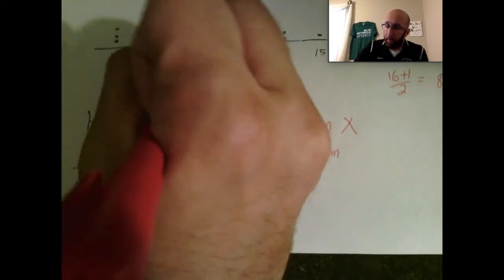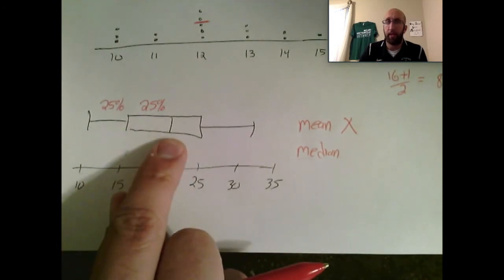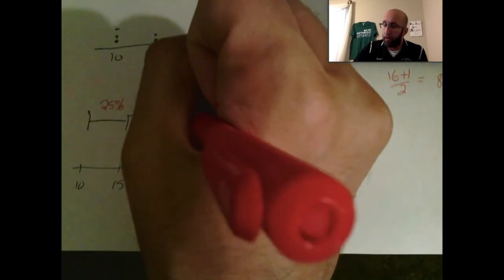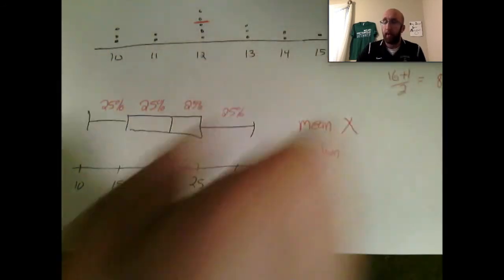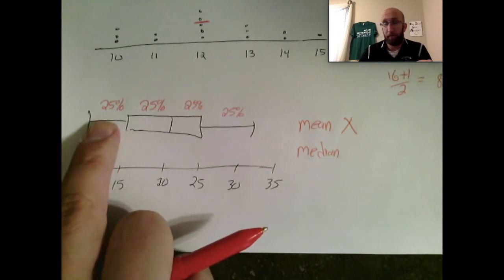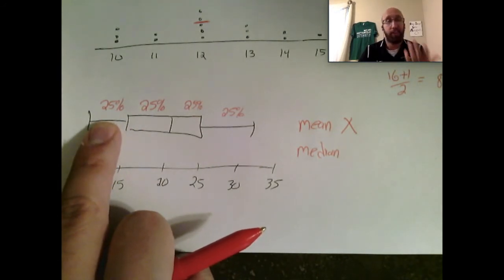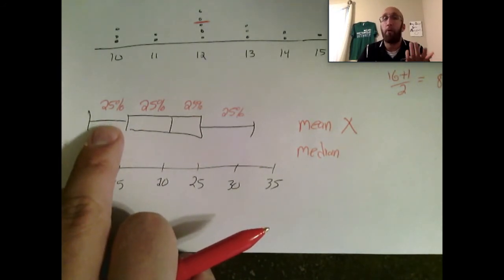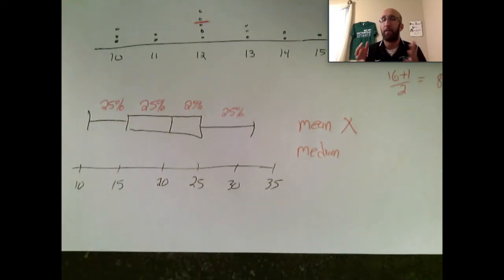I know 25% of my data is from Q1 to the median. I know from the median to Q3 is 25%, and I know from Q3 to the max is 25%. As far as how much data is in there, I don't know if there's 5 data points in here, there's 10, there's 200. I have no idea. So that's kind of important for a median to know your total amount of data points.